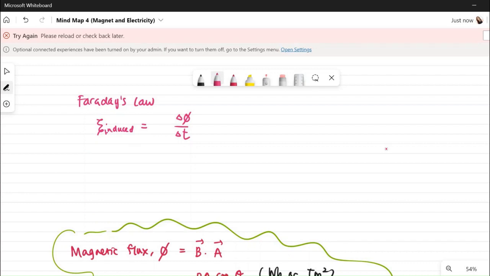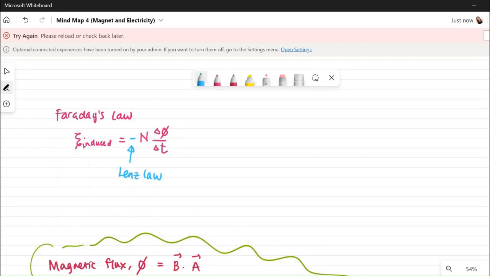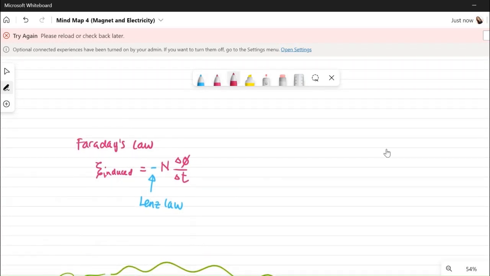And if the loop that you have here has n turns, then you just simply multiply with n. And there's another law called Lenz's law. Lenz's law tells you the direction of the EMF induced in the coil or in the wire: the direction of the induced EMF always opposes the change of magnetic flux. This phenomenon we know as electromagnetic induction.